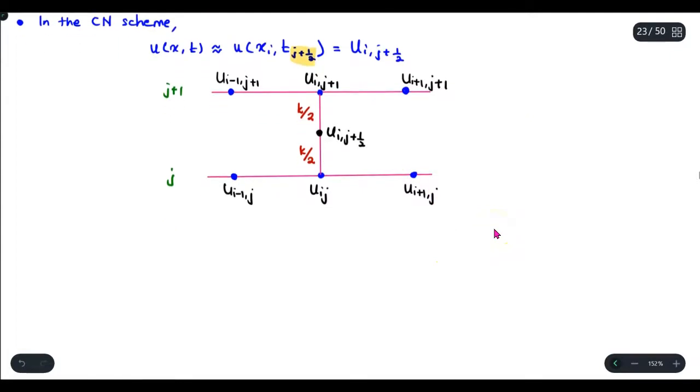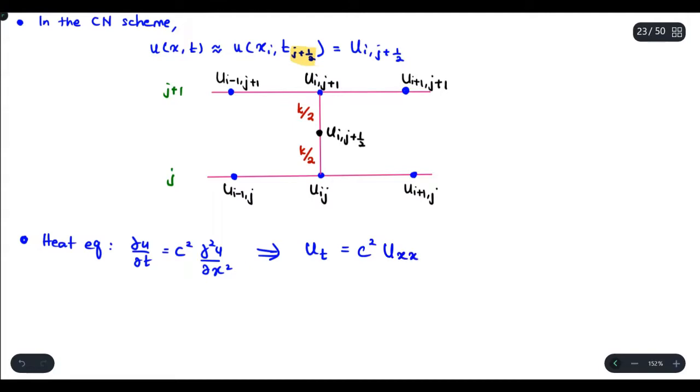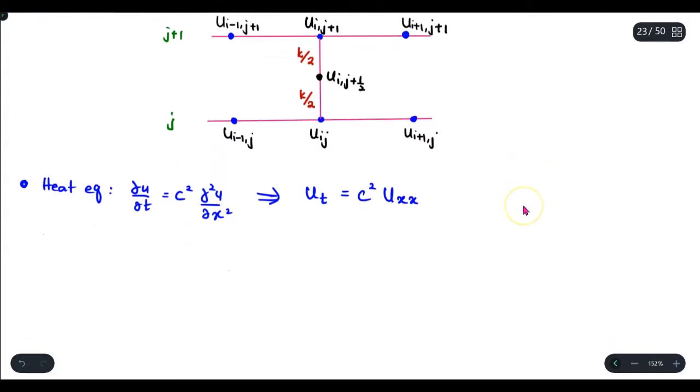Now back to our heat equation. The heat equation is given by del u del t is equal to c squared del squared u del x squared, or in short, sometimes you have it in this form: u_t is equal to c squared u_xx.